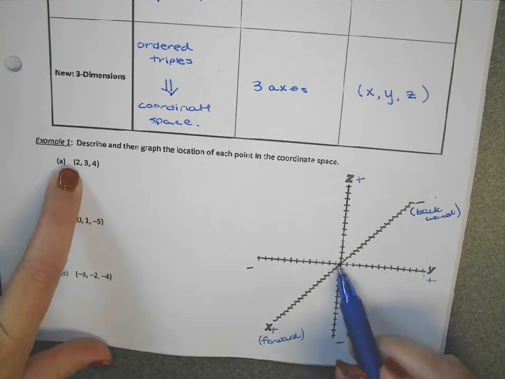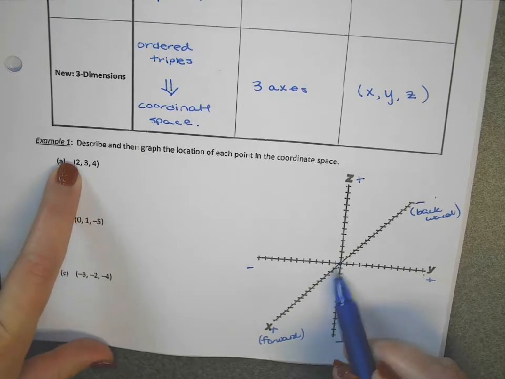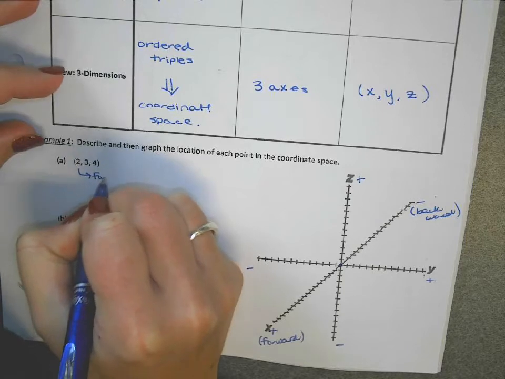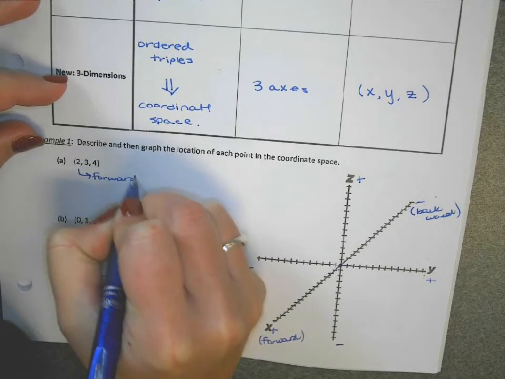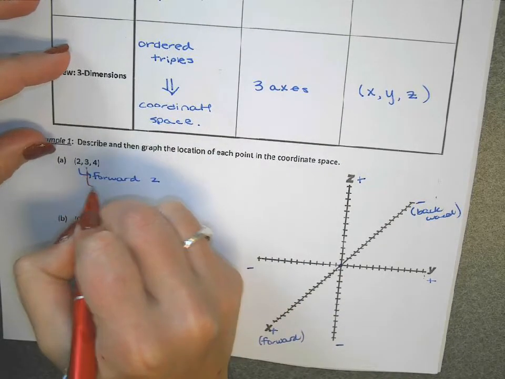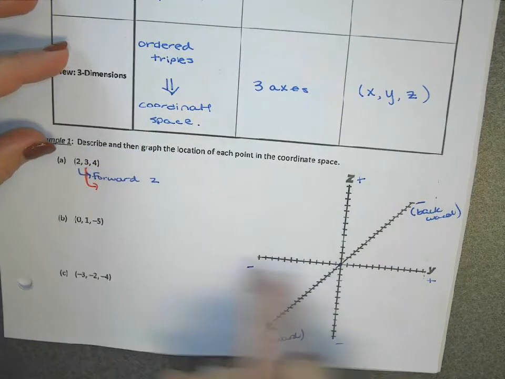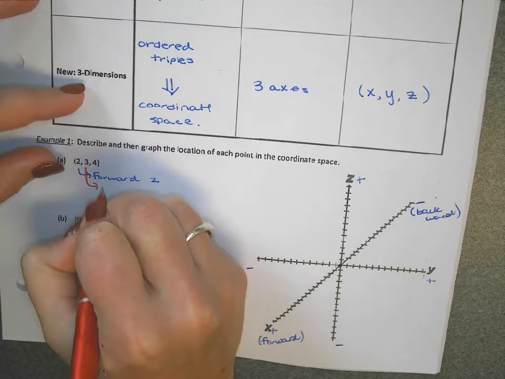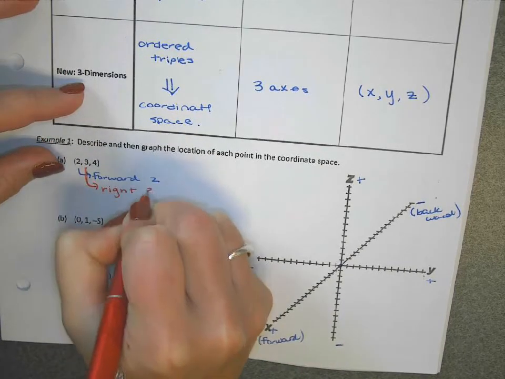So if you're moving from the origin, to go to 2 on the X would be going forward 2. Your Y is then 3. It's positive, so on the Y, positive moves to the right. So this goes right 3.